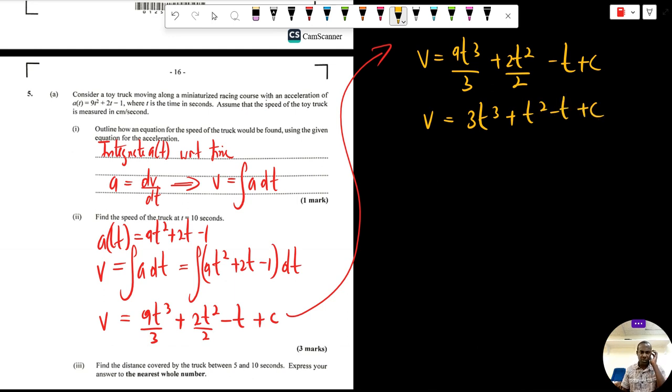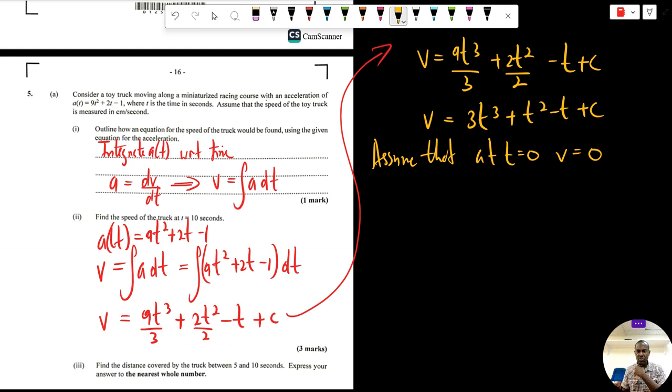Now, what about our integration constant c? In reality, we were not given any information to determine the value of c. So what we could probably do is assume, right? This is an assumption. Assume that at t equals 0, v equals 0. In other words, we assume the body was initially at rest, right?